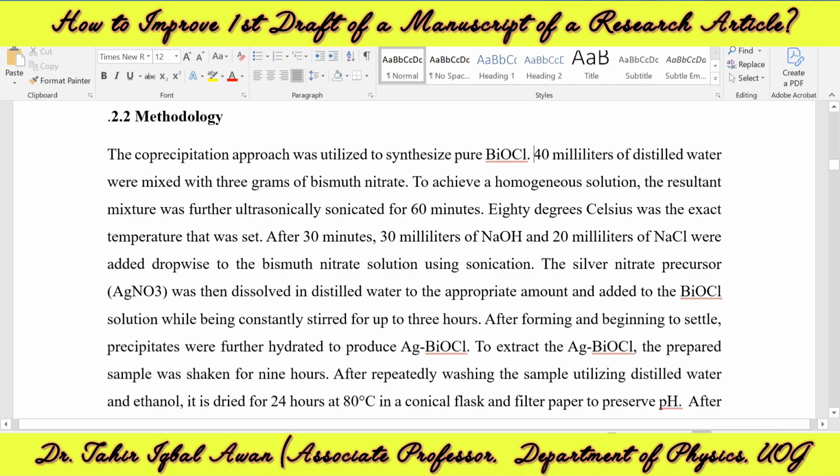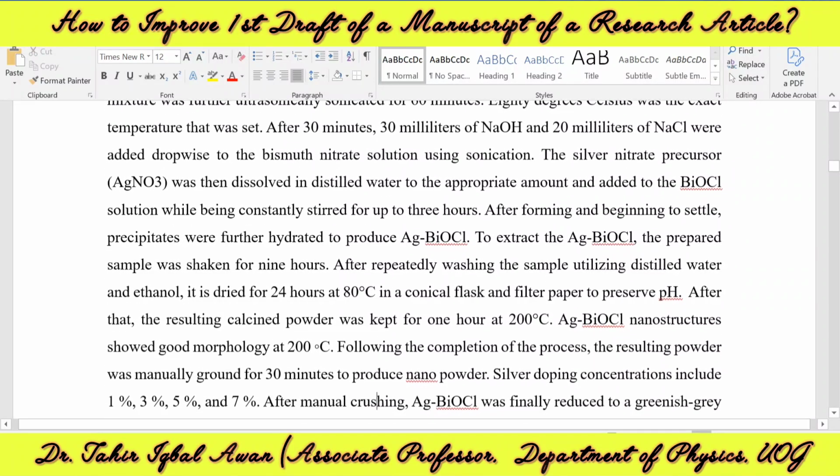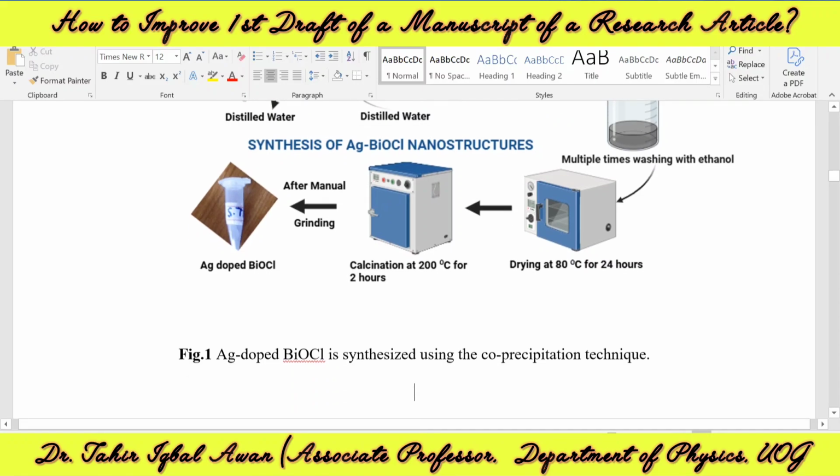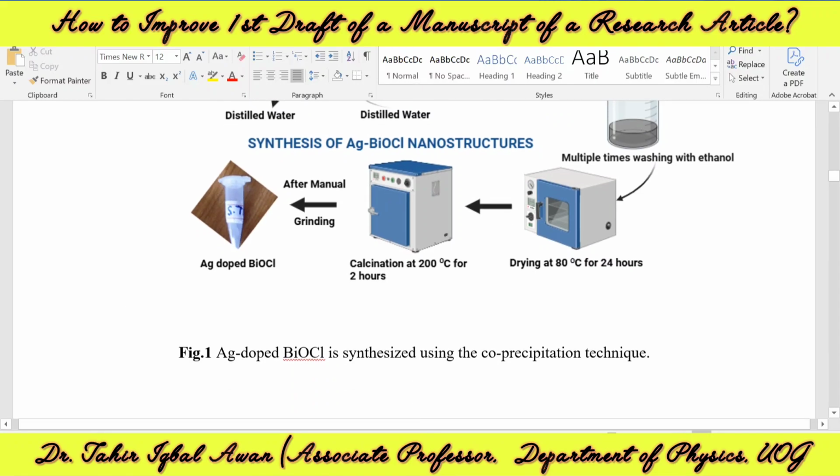And even I can see 80 degrees Celsius in brackets; there should be just 80 degrees C over here in brackets. If you can write that, it could have a better impact, right? So let's move on. Now look at this.